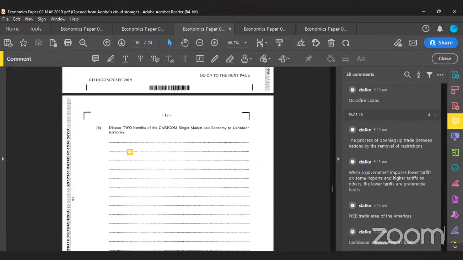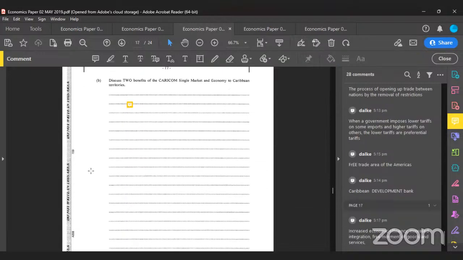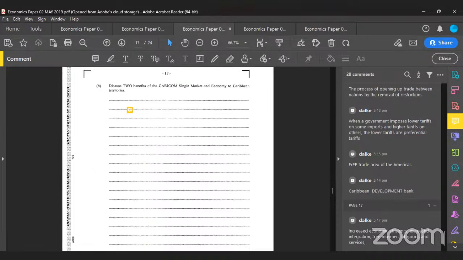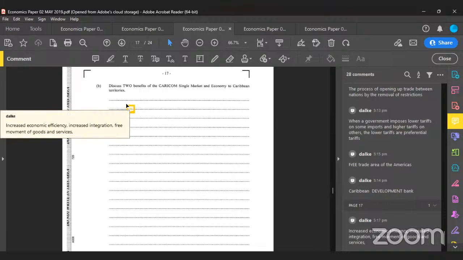Now, they asked us to discuss two benefits of the CARICOM single market and economy to Caribbean territories. This is kind of like a CAPE Caribbean Studies question, but there are a number of benefits. So the first thing we can talk about is increased economic efficiency. Because the borders will be open, there will be increased competition, and competition drives efficiency. And not only that, but competition also results in lower prices.